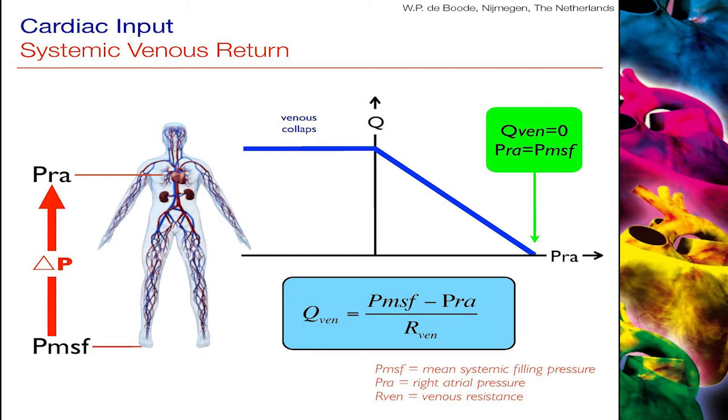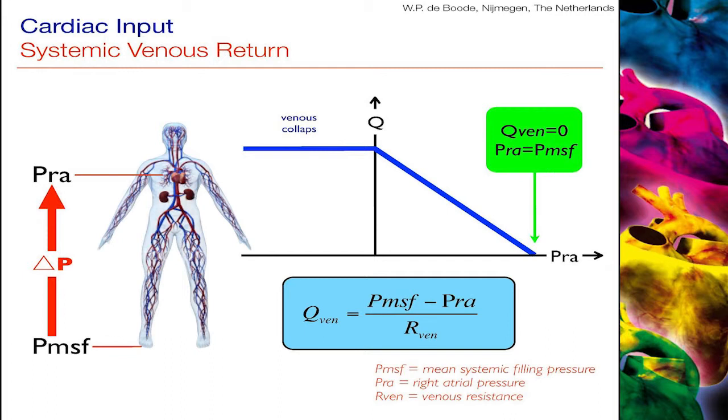If we want the blood to flow from the toe back to the heart, you need that driving force. In this figure, I've got the right atrial pressure, and when there's a decrease in right atrial pressure, there's an increase in the driving force, and you get an increase in the flow. So a decrease in right atrial pressure will produce an increase in venous return.